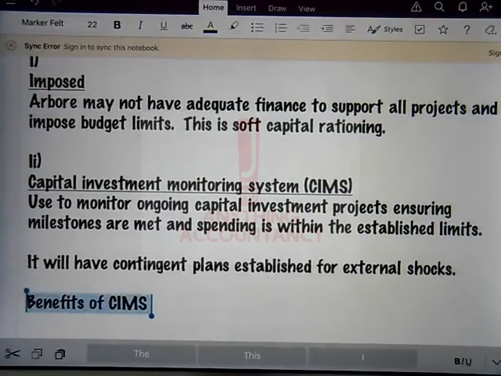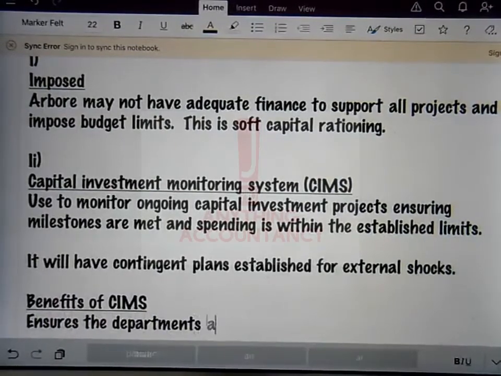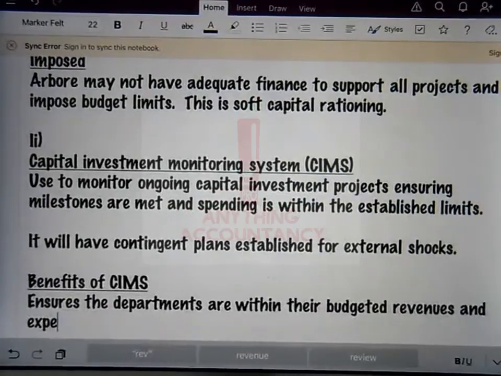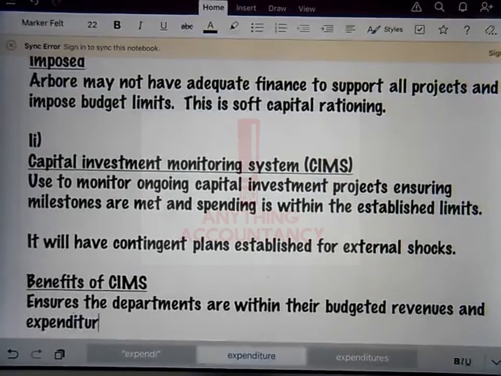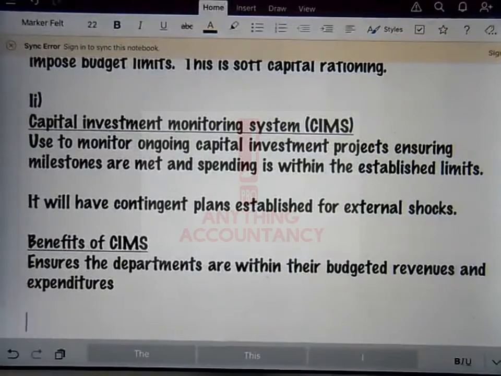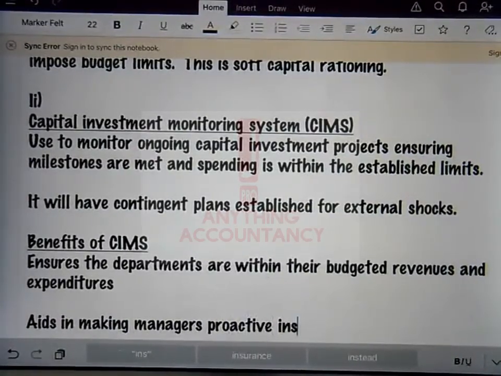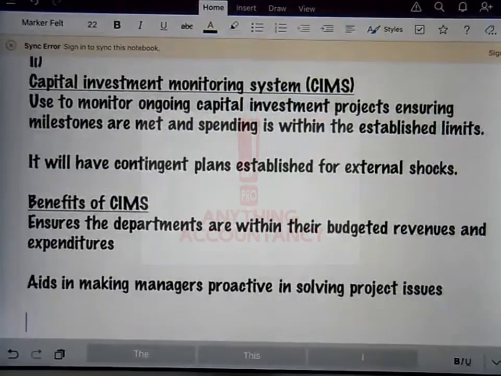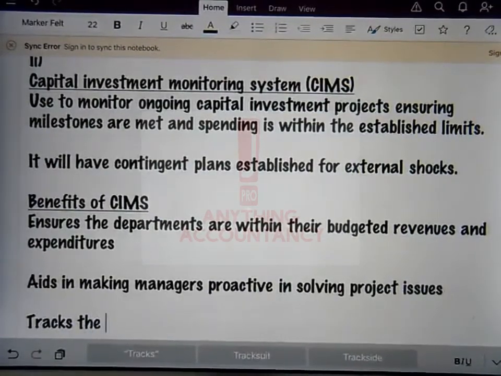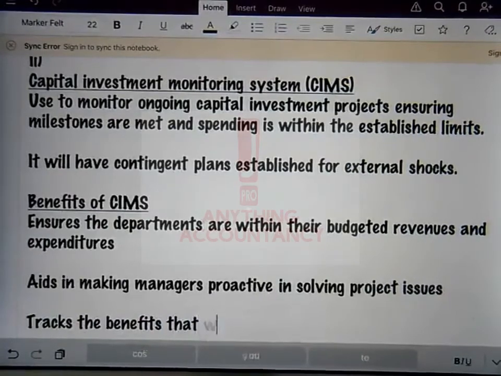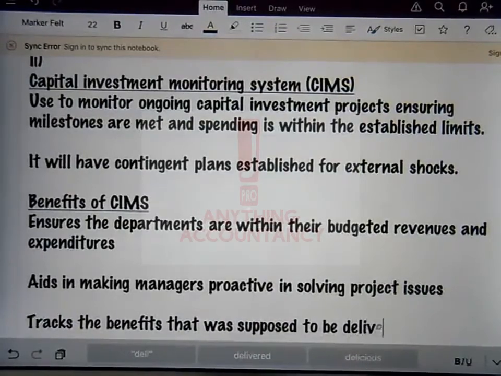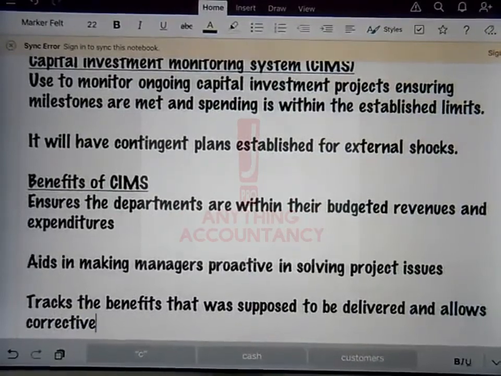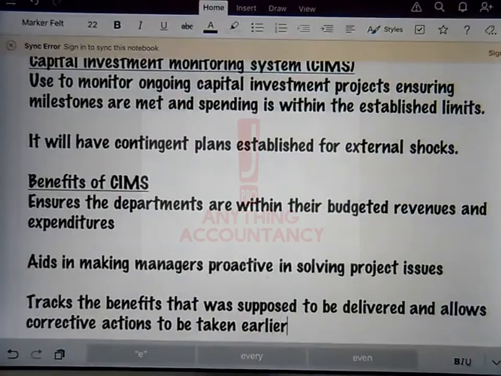So what's the benefit of a CIMS? Okay, done.